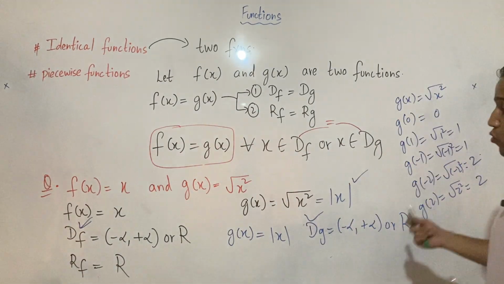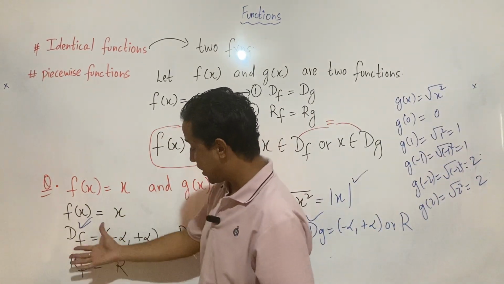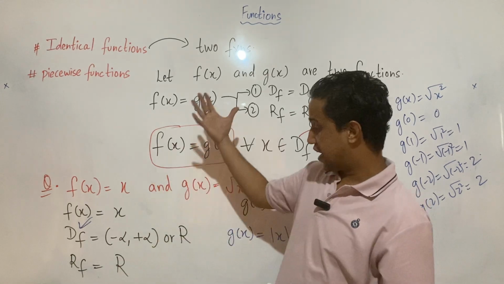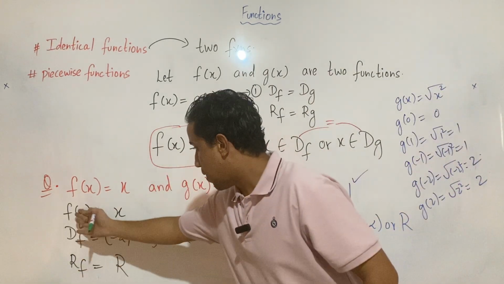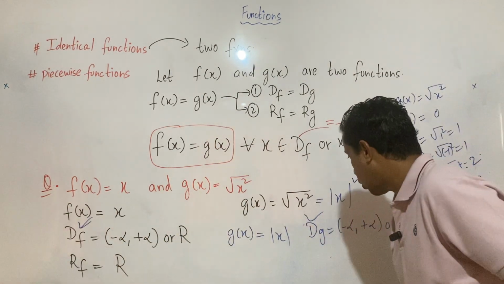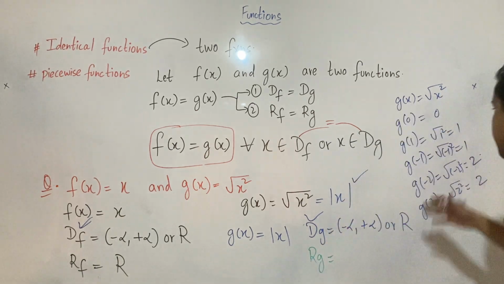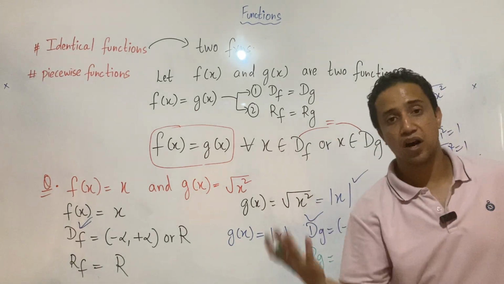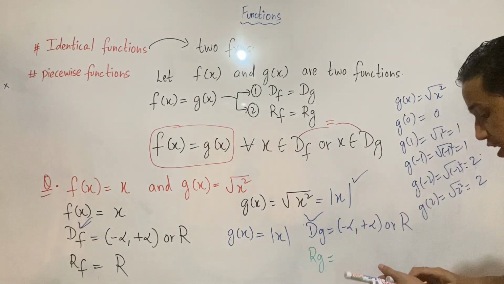Now the problem here is that we have identified the range of f. We have said that it will take all the real values, because here your function is x. But we know the range of the modulus function, it will always give us the positive values, so positive values and 0.